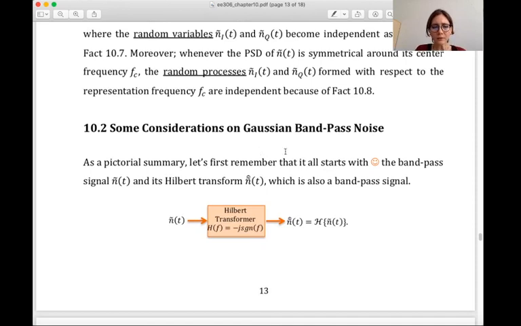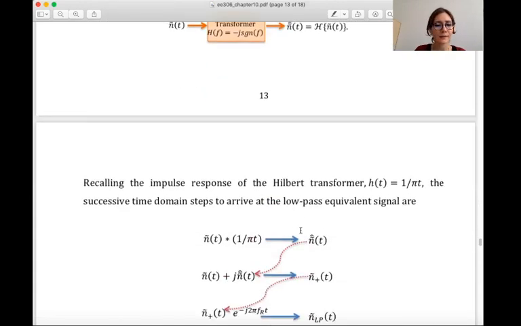Before we go into the Gaussian process, here's a brief summary of all the things we have seen, which I'll quickly go through. Remember that the original process, if we take its Hilbert transform, we get n hat. This was wide-sense stationary, so n hat is also wide-sense stationary. This is zero mean, this is zero mean.